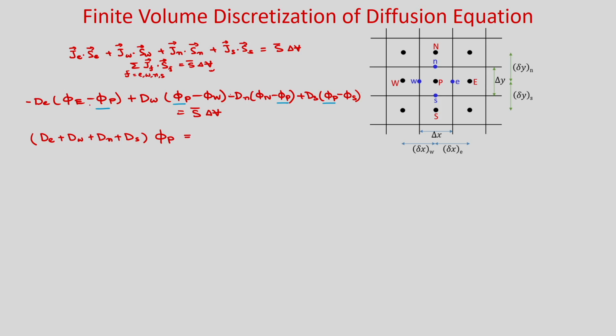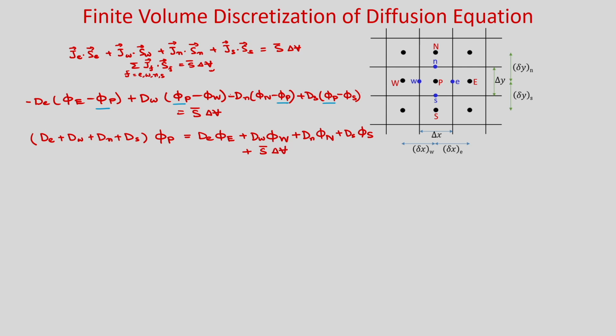Now on the right hand side, it will be d e phi e, then minus minus, so it will be plus d w phi w, plus d n phi n, plus d s phi s, plus you have the source term S bar delta V.